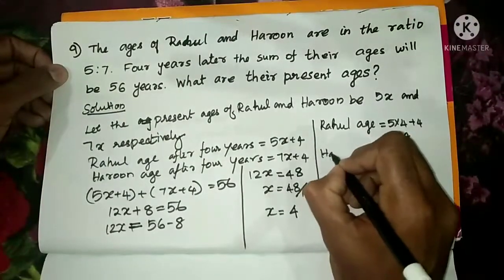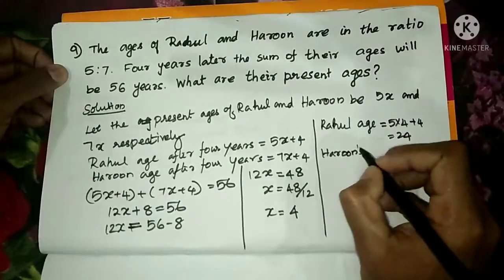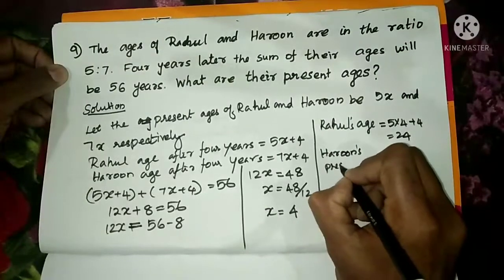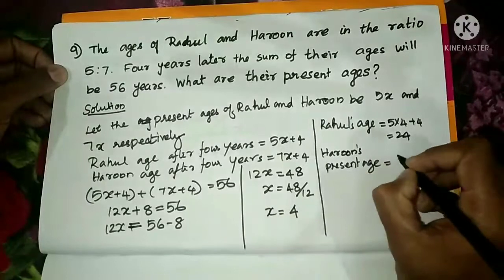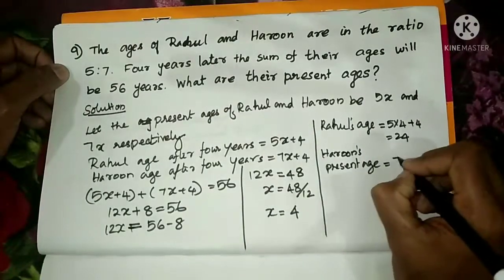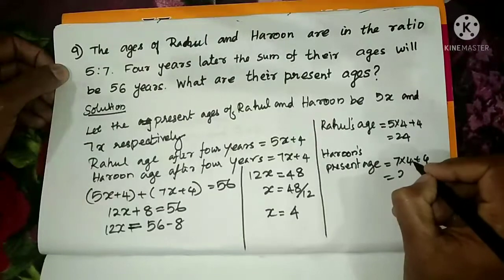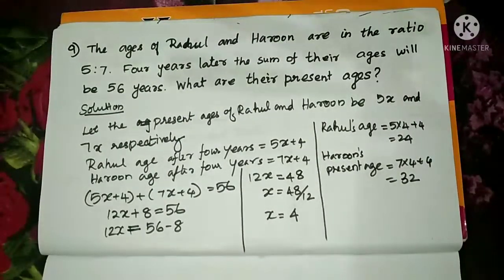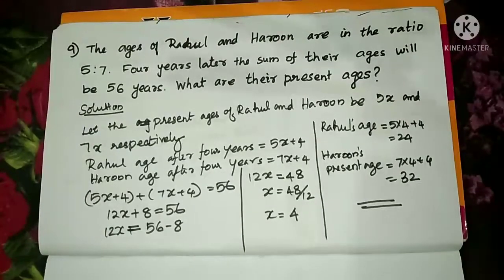And Harun's present age is equal to 7 into 4 plus 4, that is 28 plus 4, 32. So that's the answer.